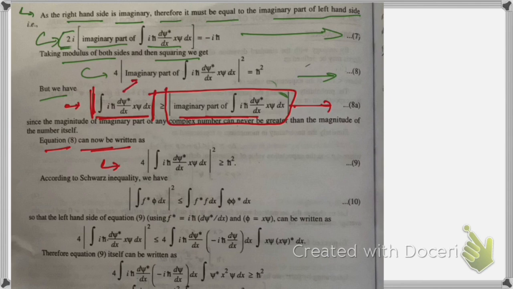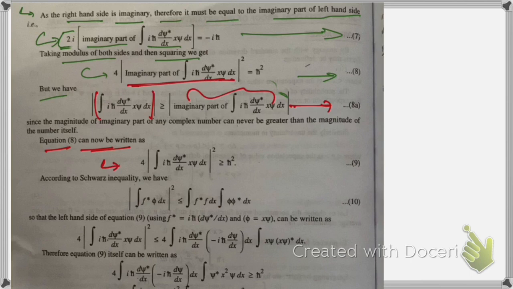So if you replace this imaginary part in equation number 8 by this magnitude, then the left hand side will obviously be greater, right? Instead of this part we have used this part on the left hand side, so this will be greater than or equal to, obviously. So we can express equation number 8 in this form, right?